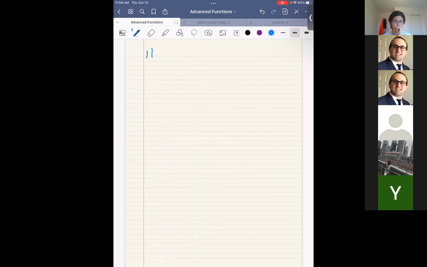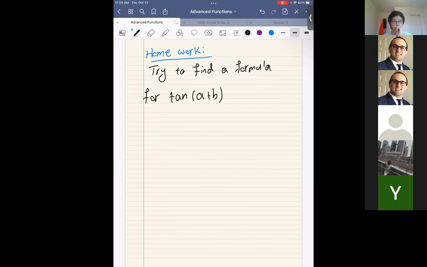And another homework I want to give you is try to find a formula for tangent of A plus B. When I say a formula for tangent of A plus B, that means tangent of A plus B in terms of tangent of A and tangent of B. So use the cosine and sine identities and try to find a formula for tangent, okay?